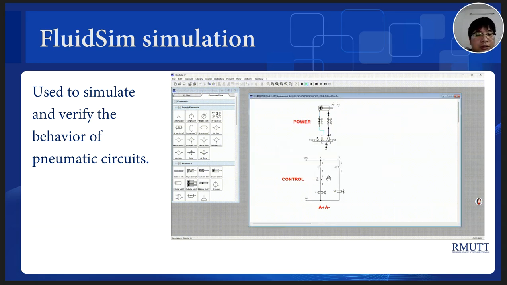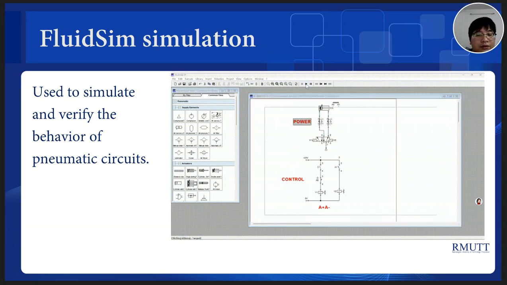Although it's not the real hardware system, it helps us clearly show the cylinder motion and the valve switching process.